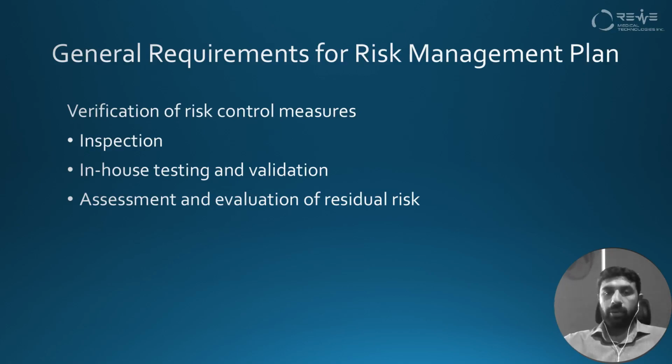For example, if we have a certain risk in the device for which we have a risk control measure, we will test the device in those circumstances in which there is a high chance of that risk occurring again. If the device does not get the risk itself, then we will say that the risk control measure is performing well. Similarly, we will also test those risk control measures applied on the device during the in-house testing and validation processes.